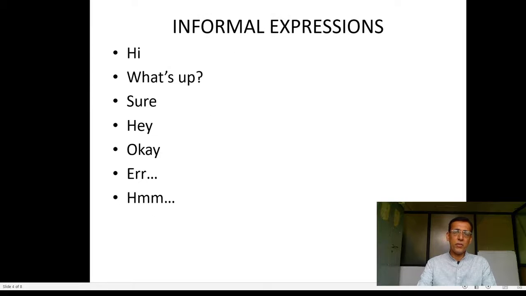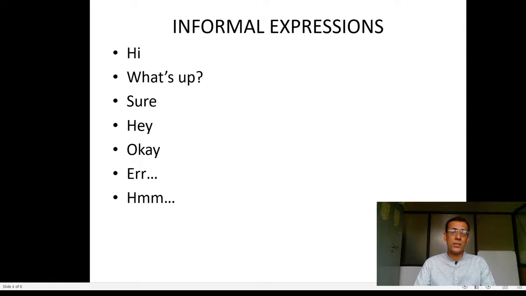If you look at the informal expressions, you have some of them here. Now, instead of "good morning," you may start with a "hi," or instead of asking "how do you do," you may say "what's up." Instead of saying "I agree with you," if you want to agree with the person in an informal situation, you may just say "sure."